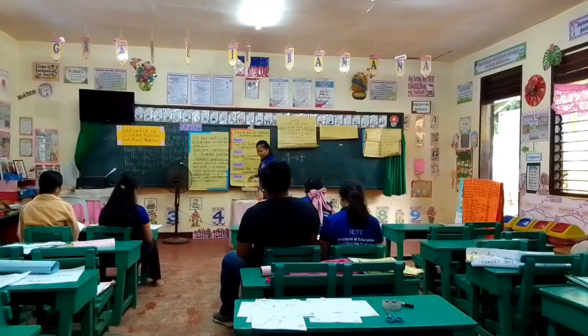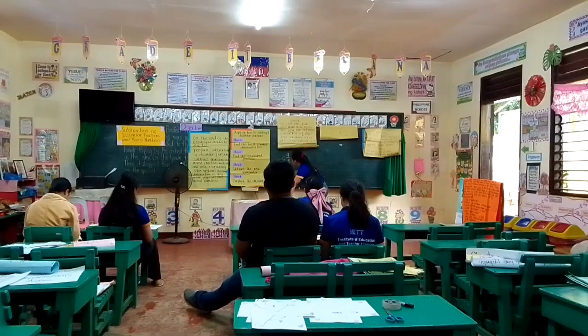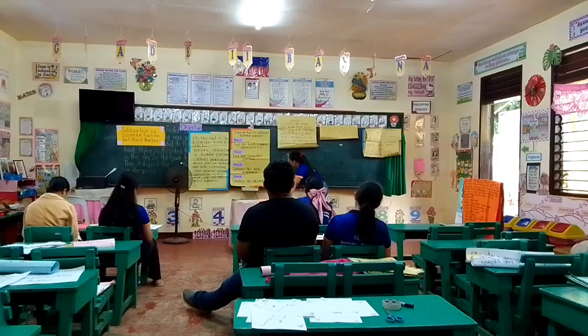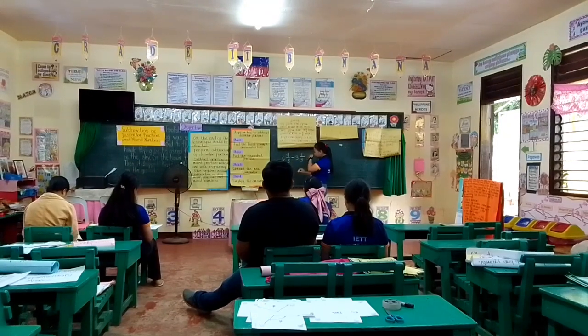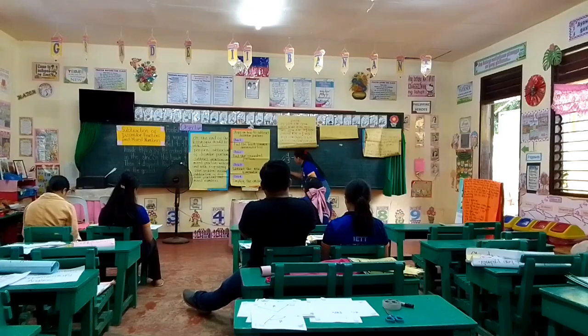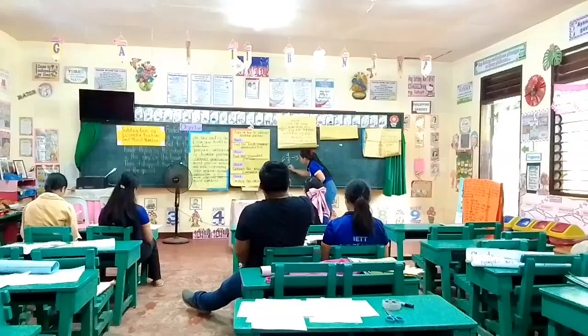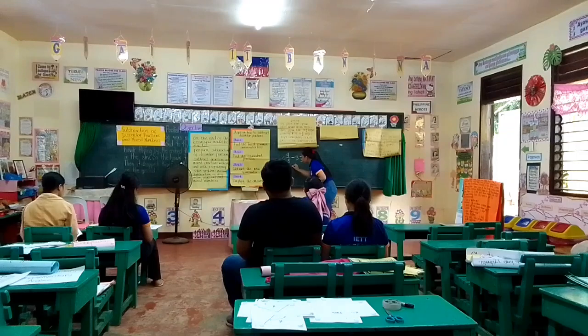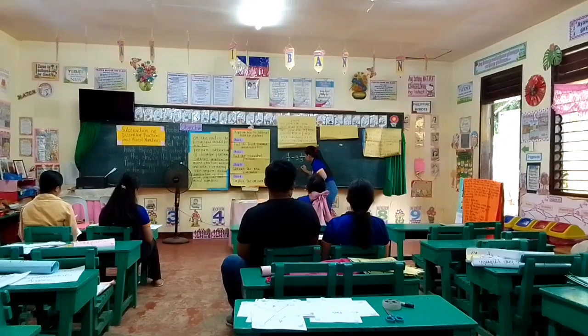So the first thing to do is to get the LCD. So we need to get the factors of 5 and 3 to come up with the new denominator. So 5 times 1 equals 5, 5 times 2 equals 10, 5 times 3 equals 15, 5 times 4 equals 20.